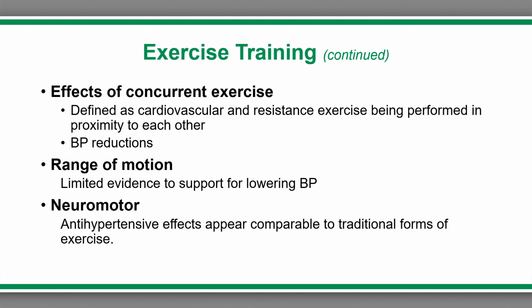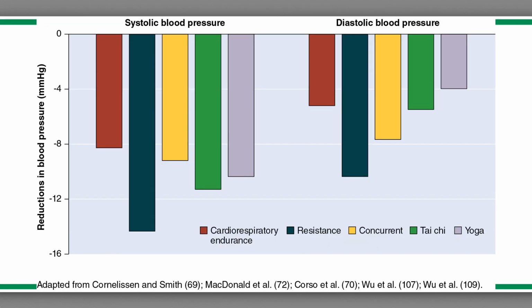And in your text, there's a nice figure which shows you the cardiorespiratory, which is the burgundy, the drop in blood pressure associated with cardiorespiratory endurance exercise on systolic and diastolic. You'll see that resistance exercise has the greatest impact on systolic and diastolic.